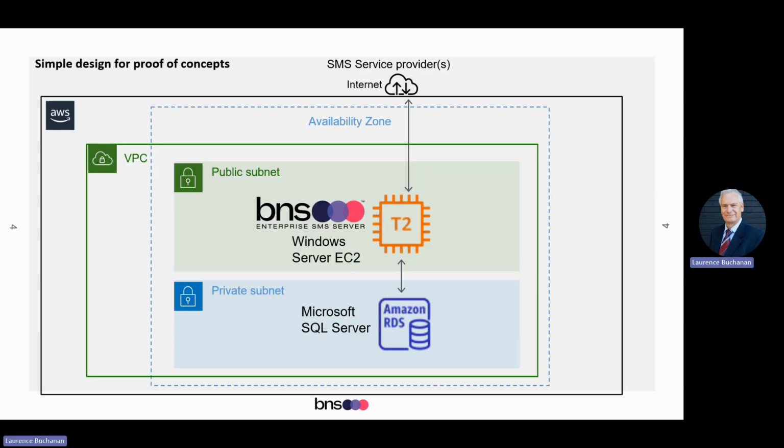For a simple proof of concept, there is no HA here. This is simply a single server with a SQL database and a single Windows EC2 instance. In this example, it's AWS, with an internet connection, and the server establishes a connection over SMPP out to the internet.